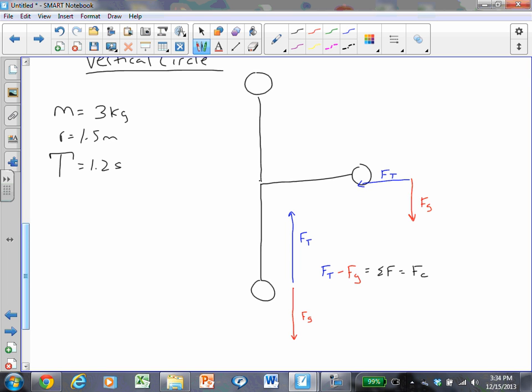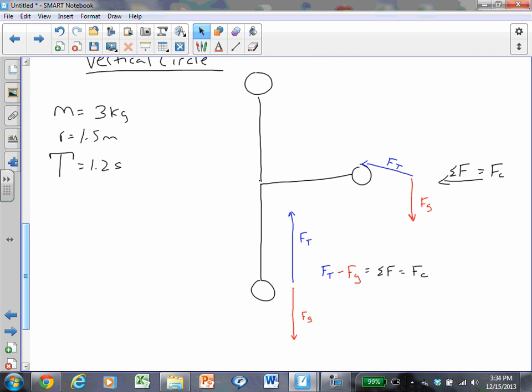Well, Ft and Fg have to be at slight angles to each other to give you the net force going in like this, directly towards the center. The sum of those forces as vectors would have to give you a center-directed force of Fc.